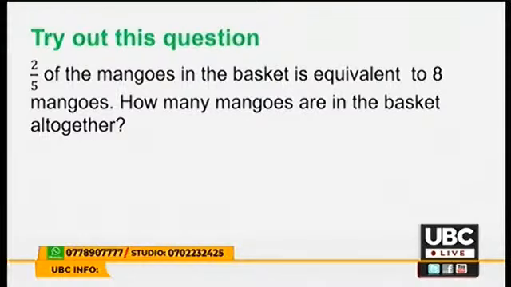I hope you are dividing the paper into 5 equal parts. Okay.